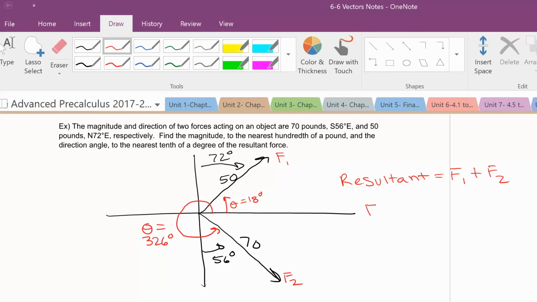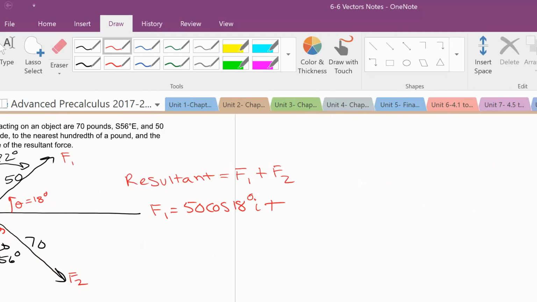So for F1, it is 50 cosine 18 i plus 50 sine 18 j.